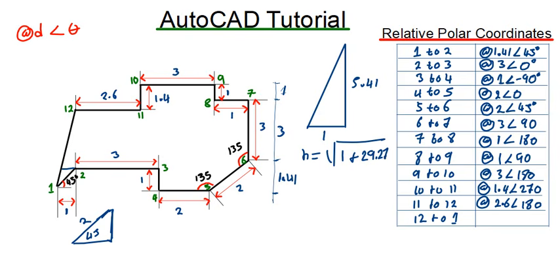So 29.27 plus 1, then the square root of that, I'm getting this side, which is 5.50.